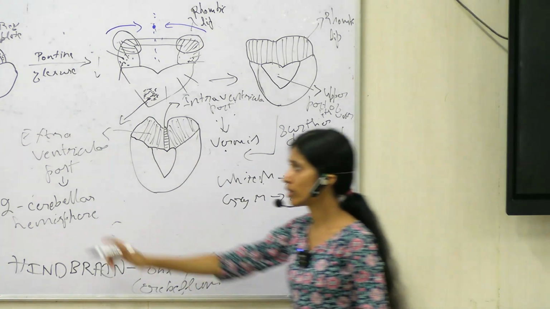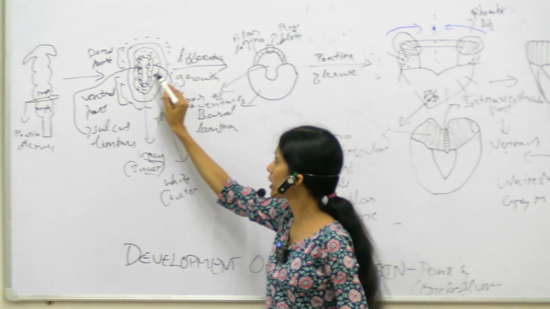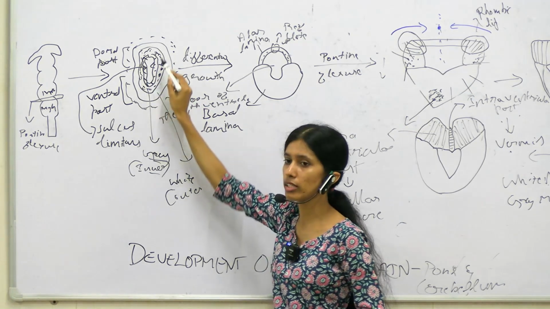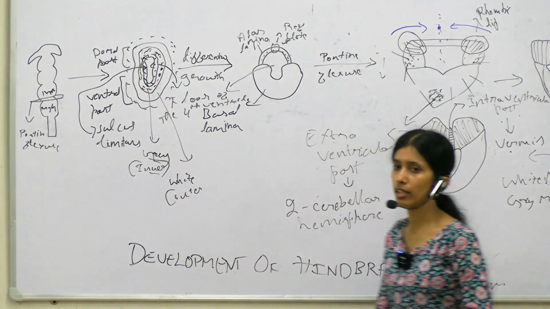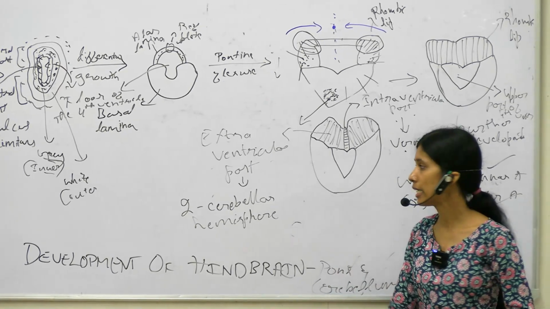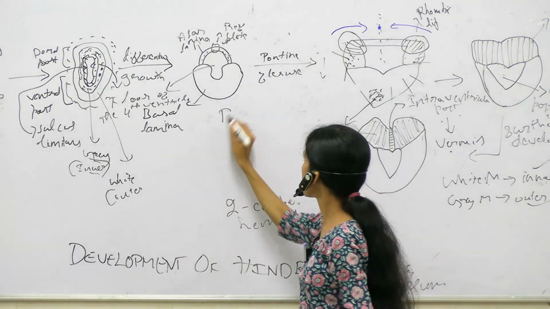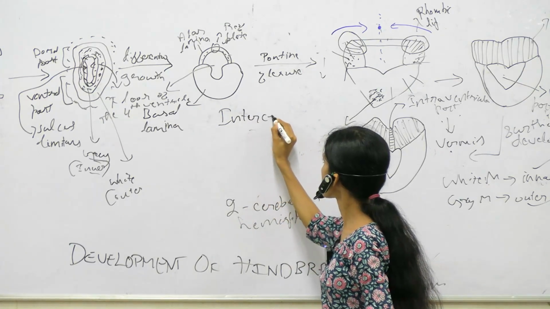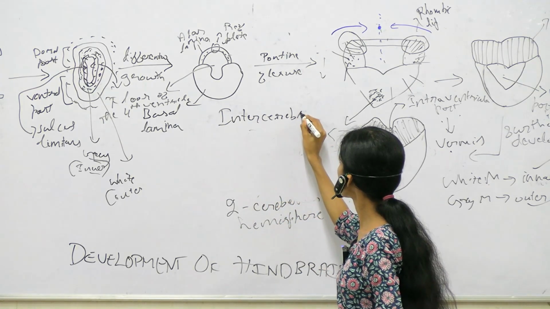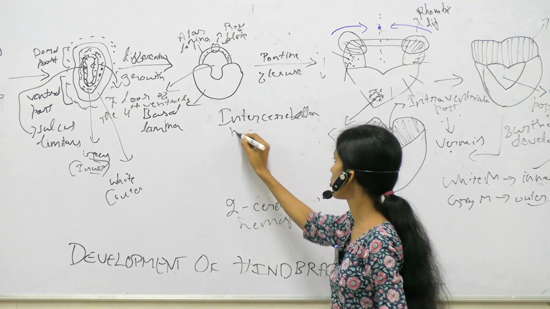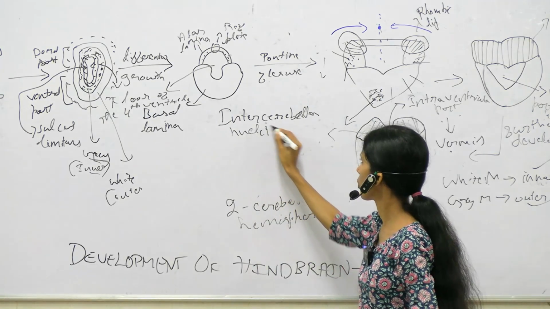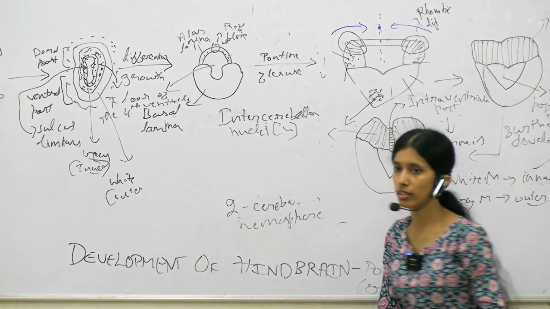Okay, so whatever the nucleus or the cells that remain in your mantle cell layer or zone are called the intracerebellar nuclei. Okay, there are 4 in number.